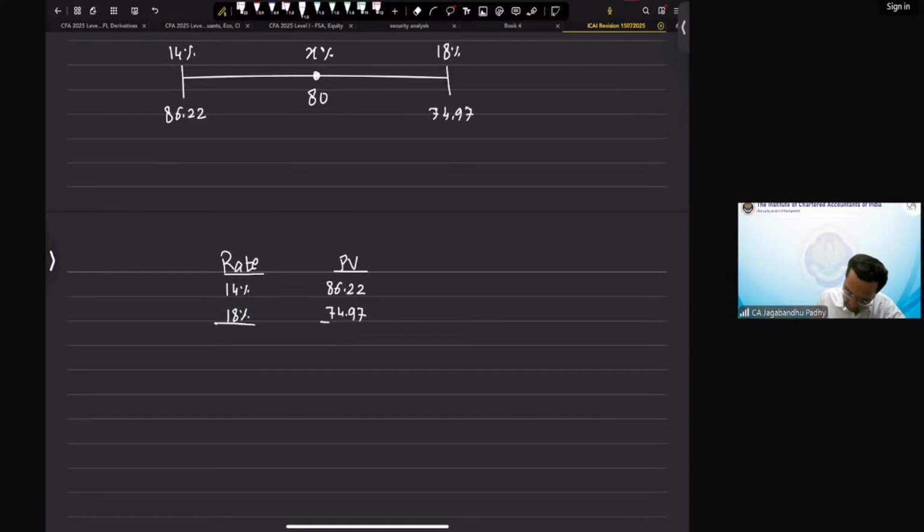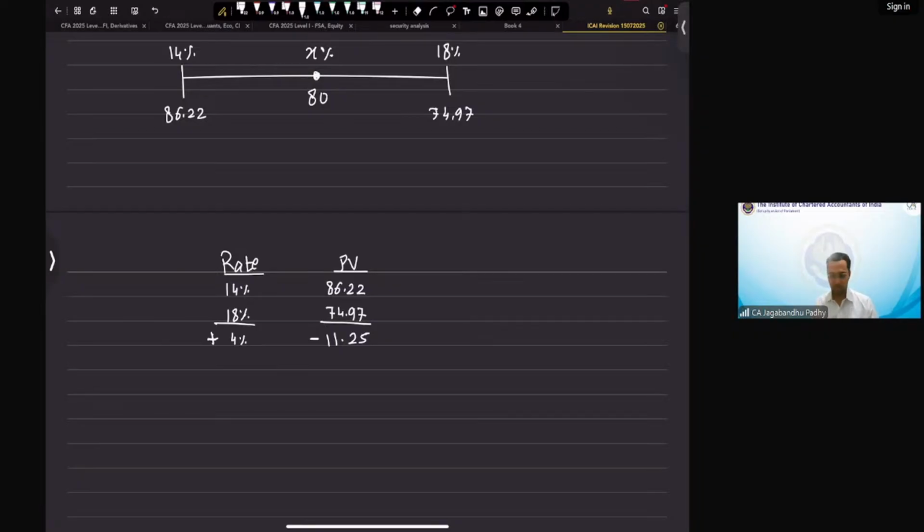Now, what is the change in rate that we have? This is plus 4%. 86.22 minus 74.97 is 11.25. So the rate is plus 4%, and PV is 11.25.